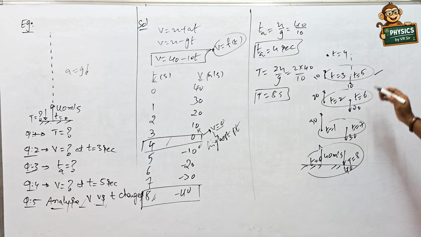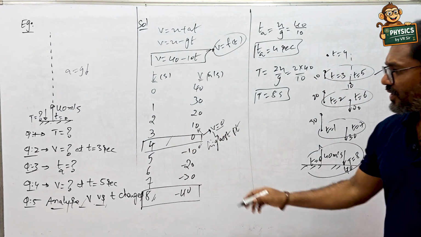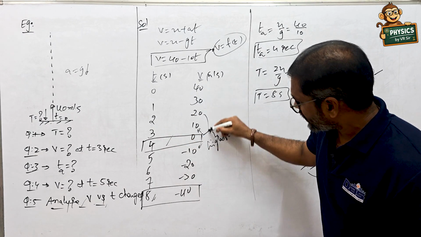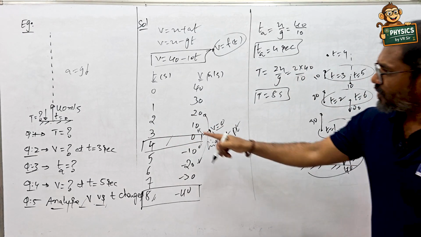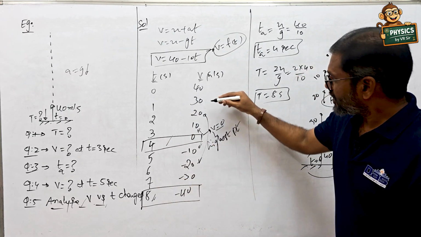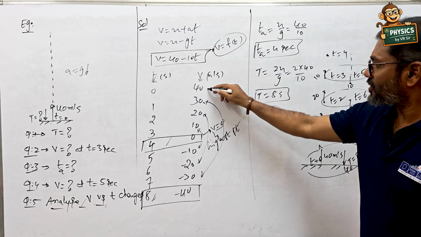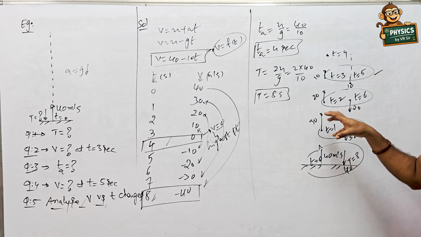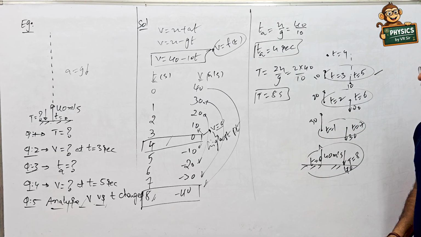What are those times? 3 and 5: magnitude of velocity is the same. 2 and 6: magnitude of velocity is the same. 1 and 7: magnitude of velocity is the same. At 0 and 8, magnitudes of velocities are the same. So that is an important observation we can have for an object thrown up with some velocity. Hope it's clear to you, right?